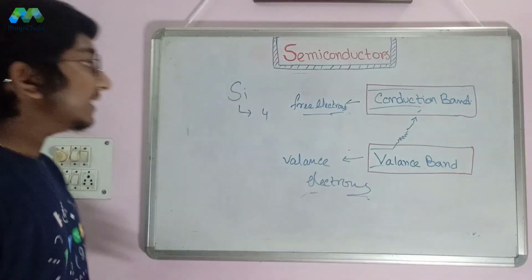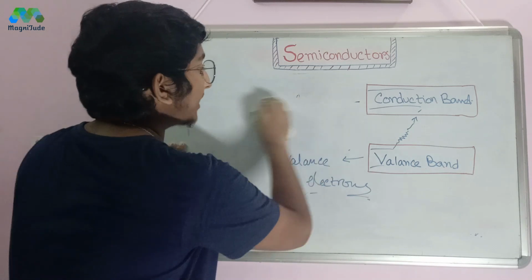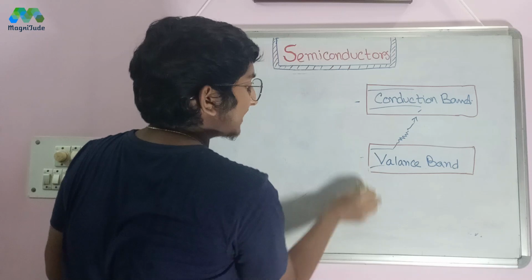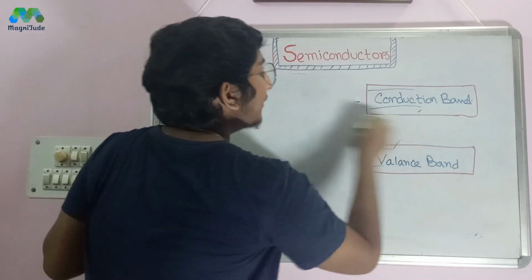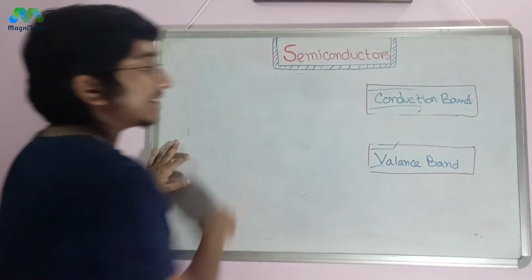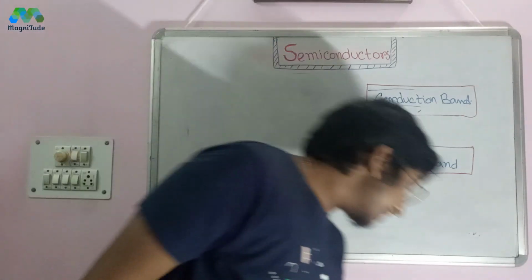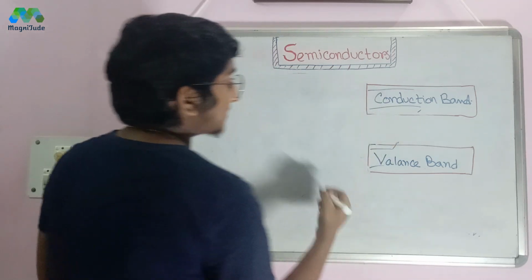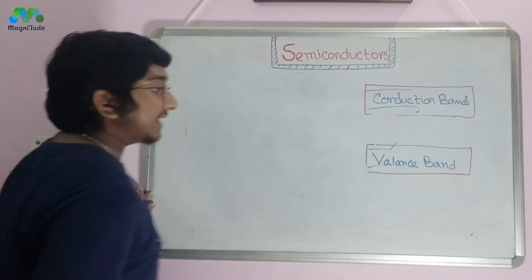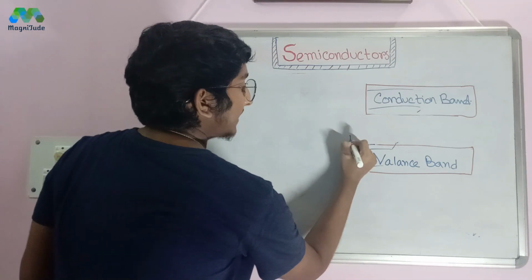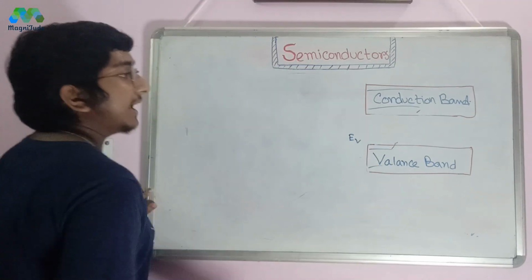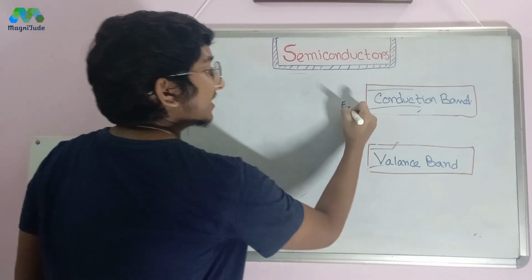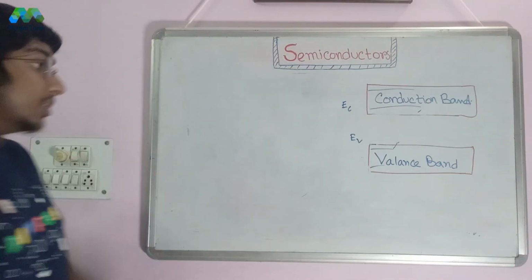Now we will move to the next topic, which is also a very important topic, and various questions come from this topic. That is, we will describe what is the forbidden energy band gap. Let us first say that the energy level of the valence band is defined by EV, and the energy level of the conduction band is defined by EC.